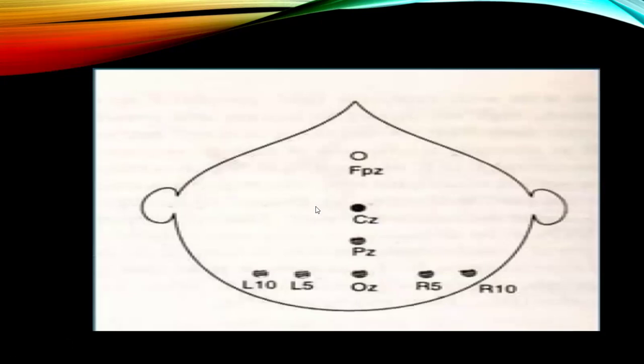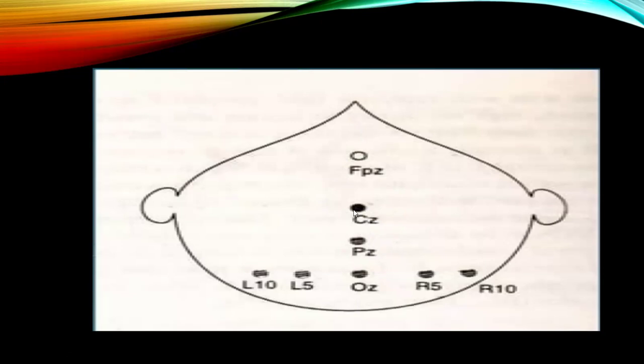So this is how the electrode placement is done. 12 centimeters from the nasion is the FPZ electrode, the reference electrode. OZ is the recording electrode, placed 2 to 4 centimeters above the inion. CZ is your ground electrode.